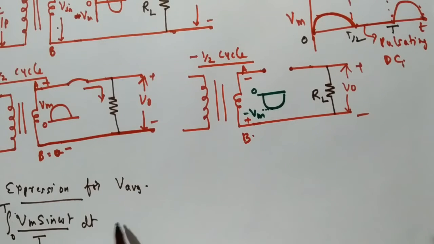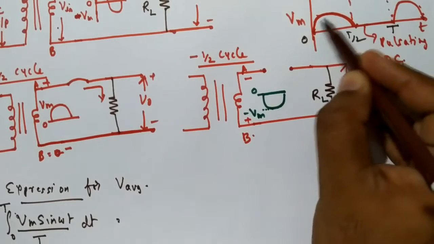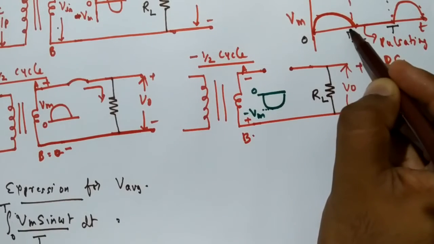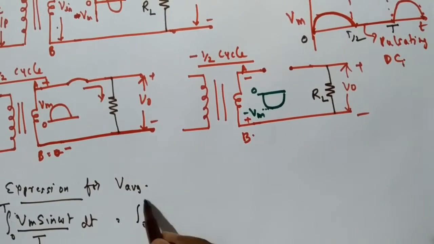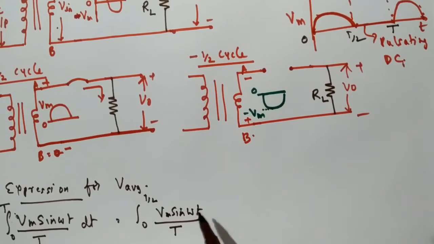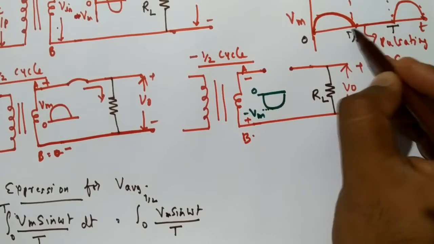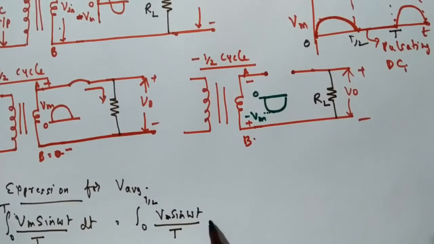Now this will be equal to, see, from here to here only the function has a value, that is Vm sin omega t. So I'll write this as 0 to T by 2, Vm sin omega t divided by T. But from here to here it does not have any value, so it will be 0 into dt.